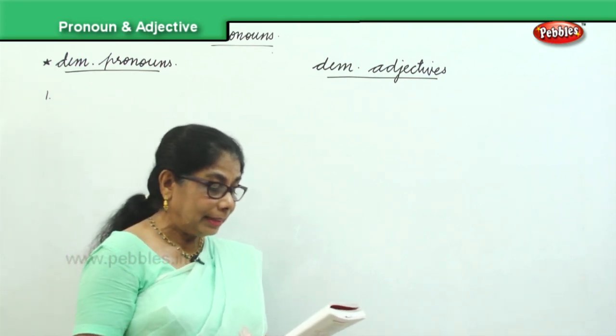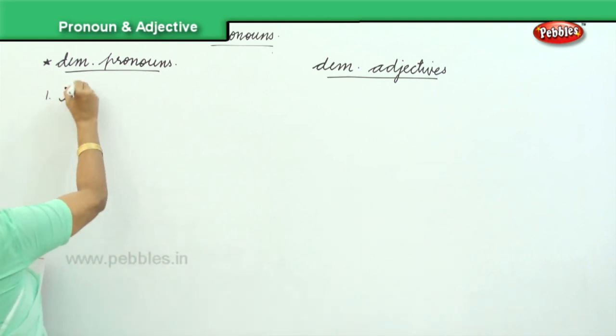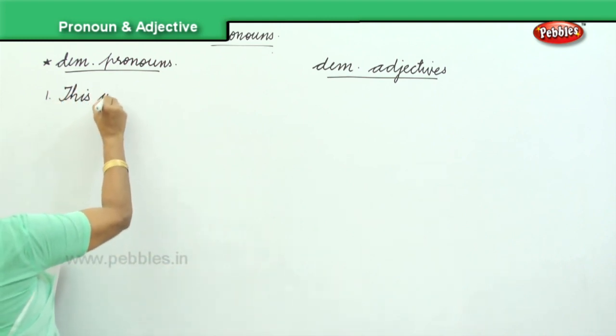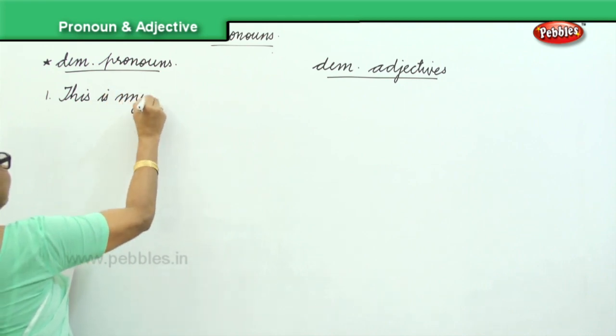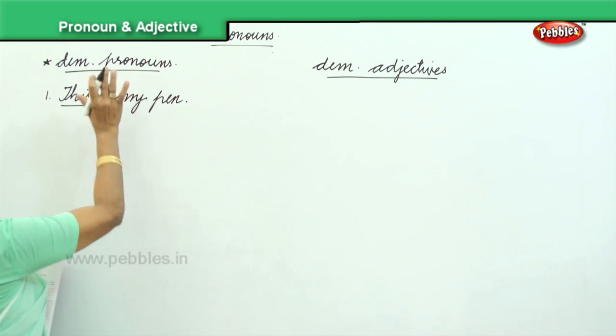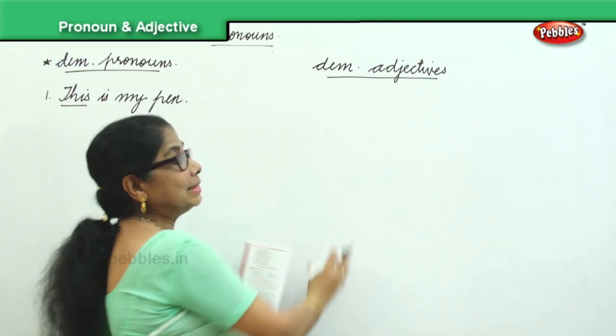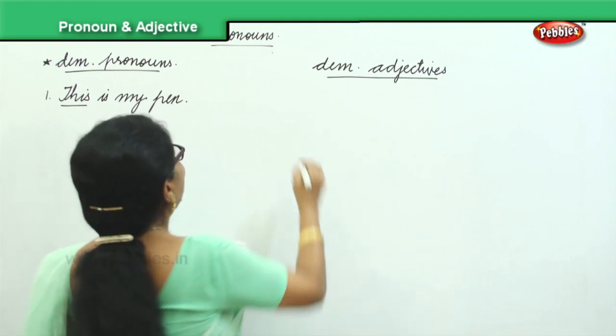Now, this is my pen. When you say this is my pen, that is, this is my pen, demonstrative pronoun. Now, how will you look at when it is a demonstrative adjective?